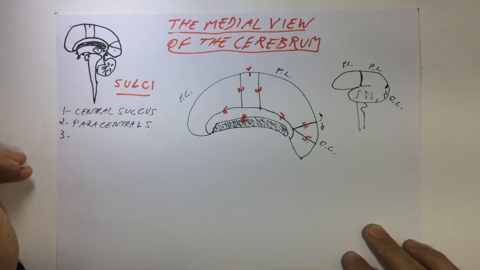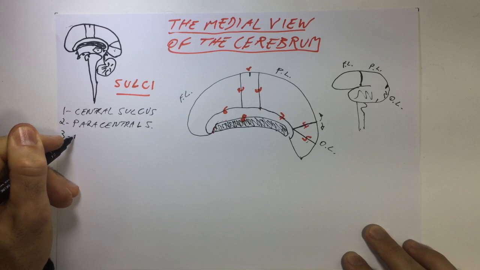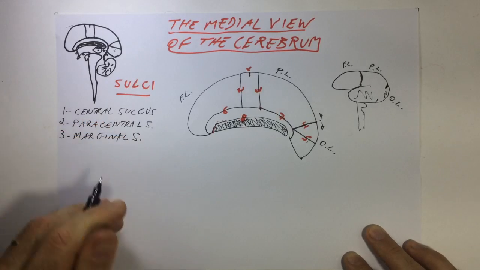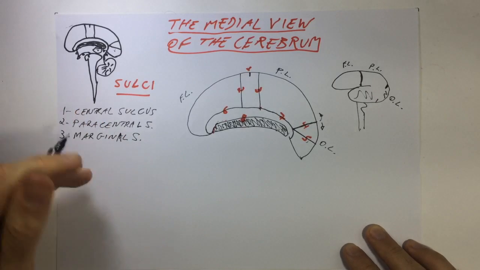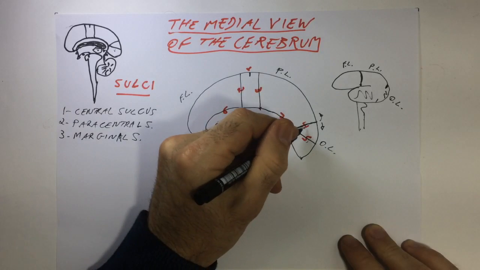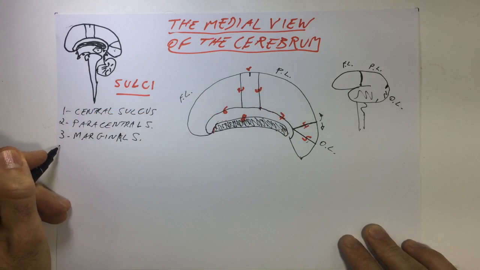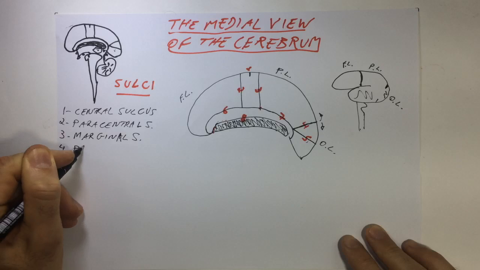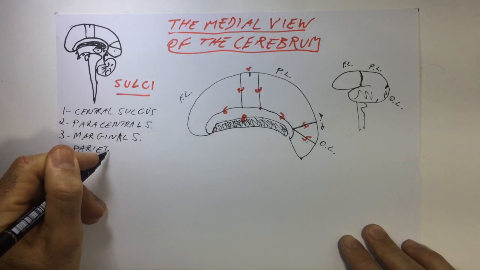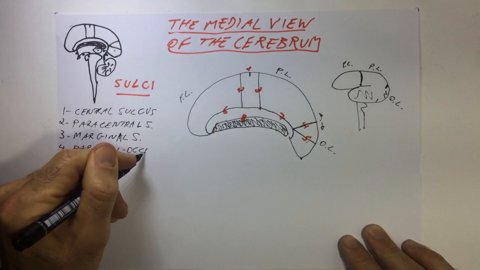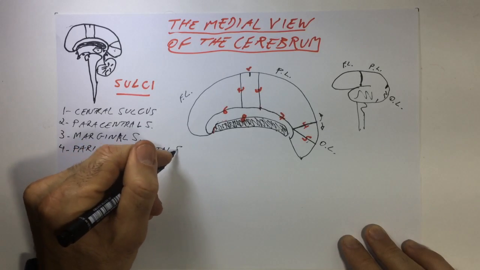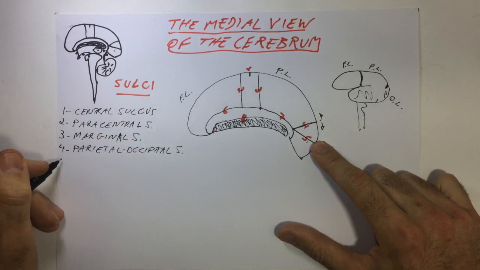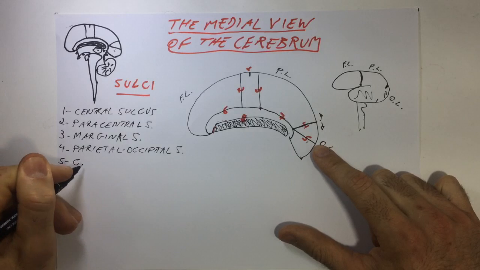This one, 3, is called marginal sulcus. 4, as I said before, is the parietal-occipital sulcus. 5, that would be the calcarine sulcus.